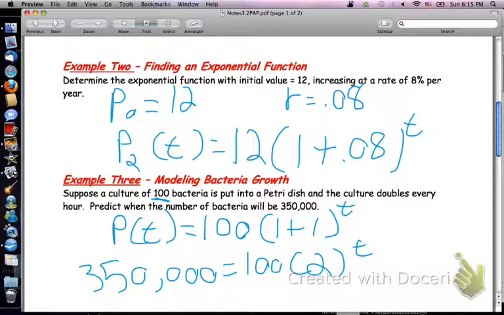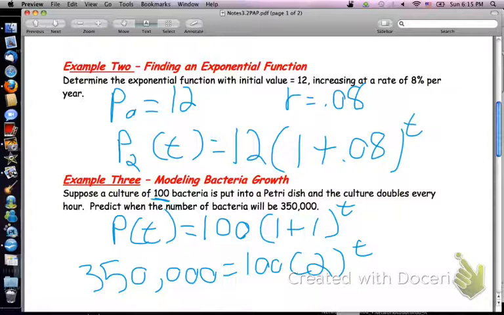Since we actually have t in the exponent, we can't just solve for t. Now, you'll learn later that we can actually use logs to get t by itself. But as for now, the best way to solve this problem is probably to graph it.